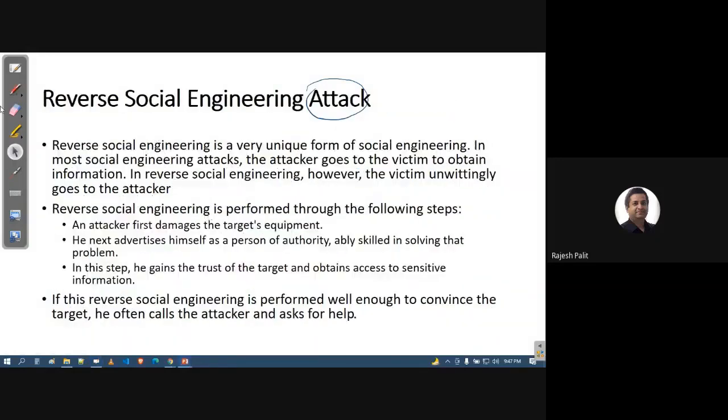Then reverse social engineering. In normal regular social engineering, the attacker goes to the users, the legitimate or bona fide users, or public. But in reverse social engineering, how can I say, they force the users to go to the attackers, okay.